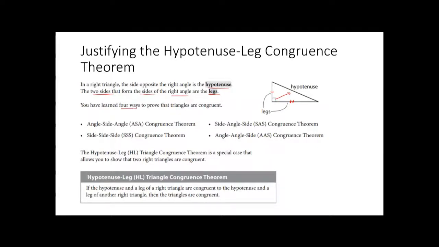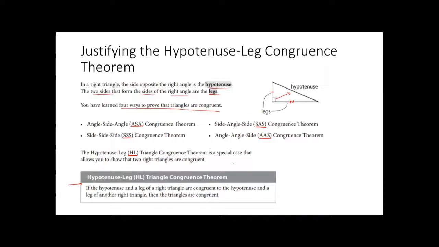Now, just to recap, there are four ways that we have proved that triangles are congruent. We used angle side angle, side angle side, side side side, and yesterday angle angle side. This is one of the last triangle congruencies that we have, which is hypotenuse leg triangle congruence. Again, here's the theorem itself, which I explained already.